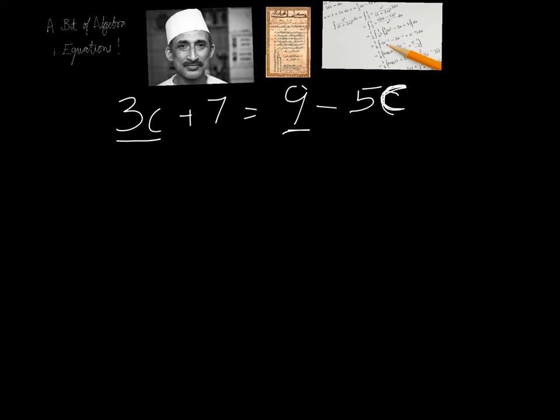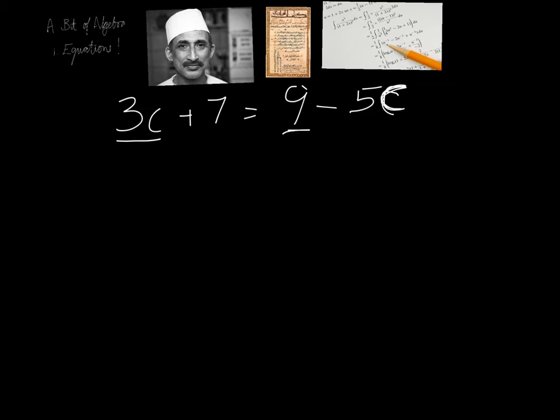So let's start with, well, I've got a negative here, and I don't really like negatives. So the first thing I'm going to do is get rid of negative 5c from this side. And we've got to think about how you get rid of a negative. Well, you add the same amount. So if you had negative 5c and you add 5c, they cancel each other out, don't they?